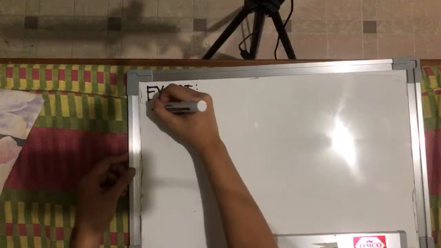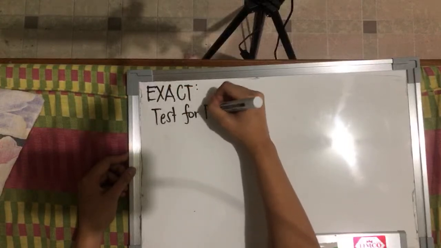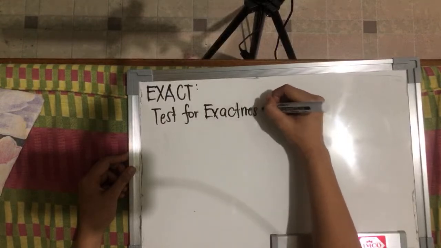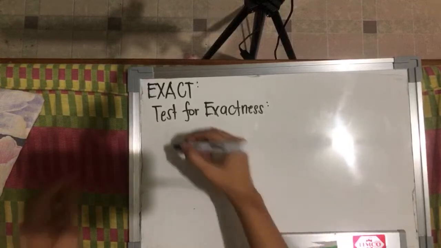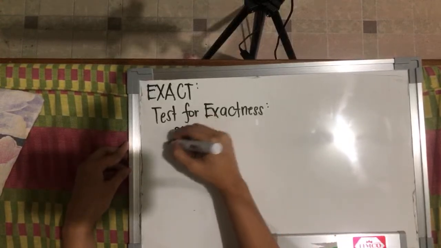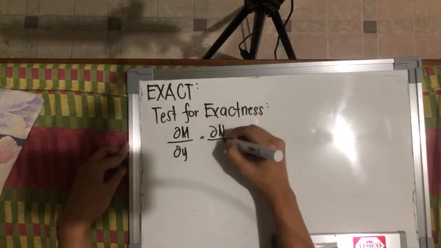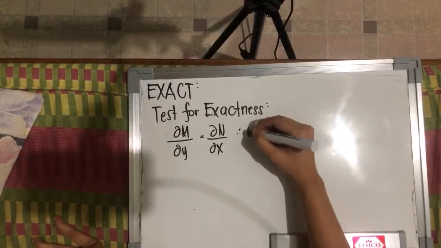So, meron tayong test for exactness. If the partial derivative of m with respect to y is equal to the partial derivative of n with respect to x, exact yan.